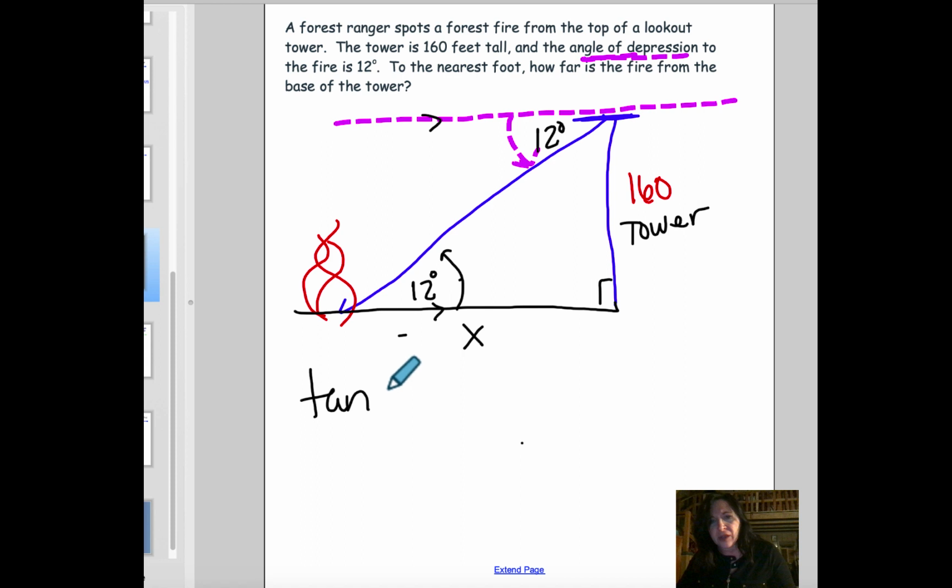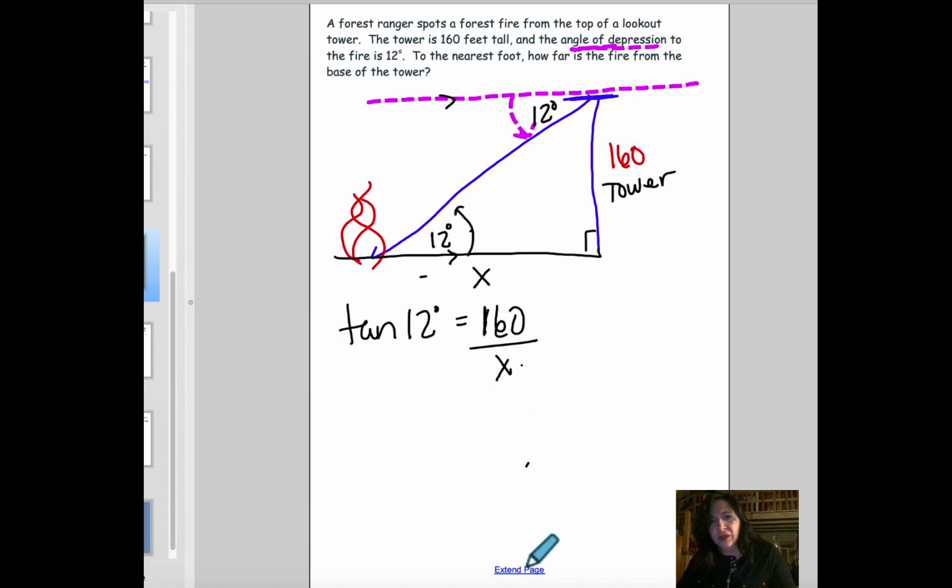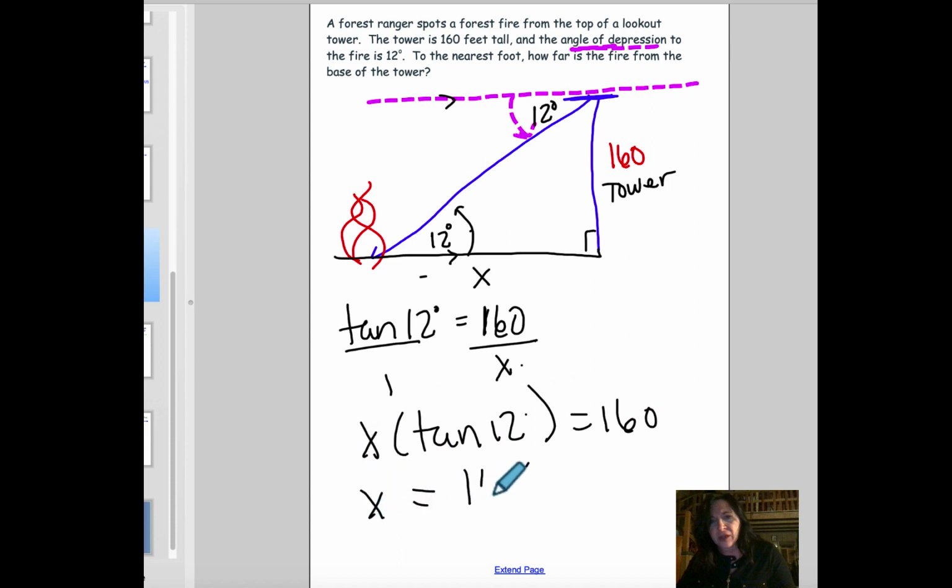Tangent of the angle, which is 12 degrees, is equal to the opposite side, so 160 divided by x. We're going to cross multiply, and we're going to say x times tangent of 12 degrees is equal to 160. And I'm going to get x is equal to 160 divided by, parentheses, tangent of 12 degrees.